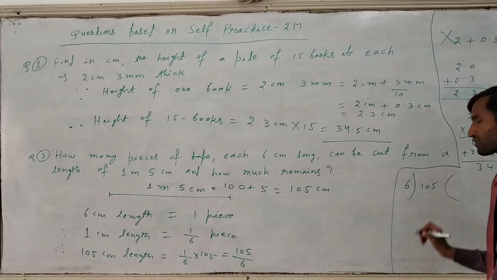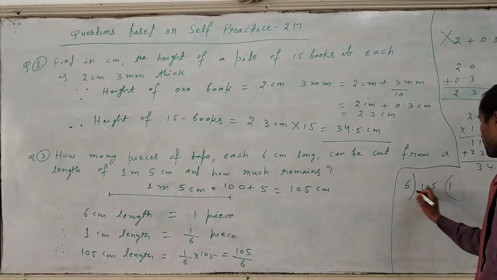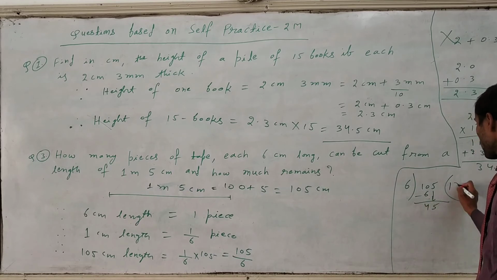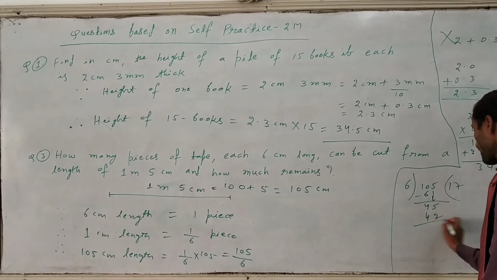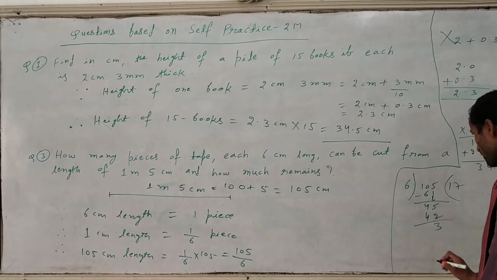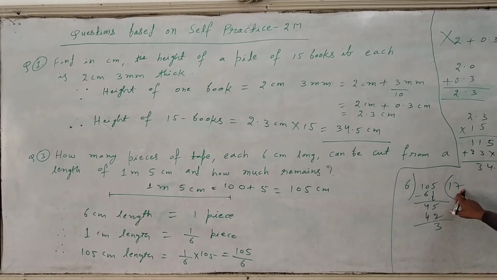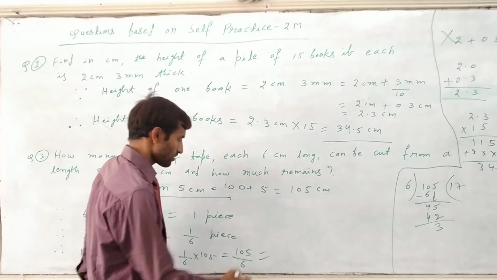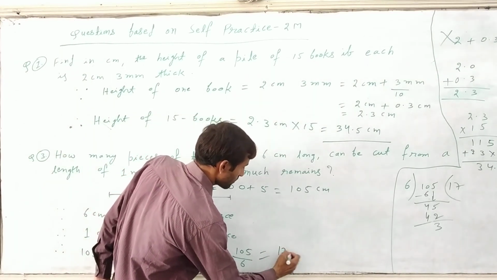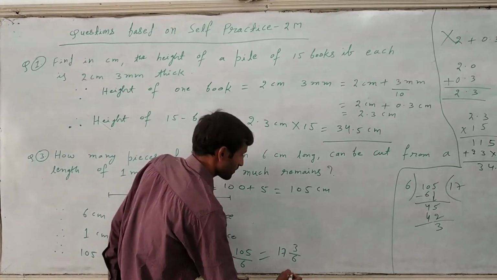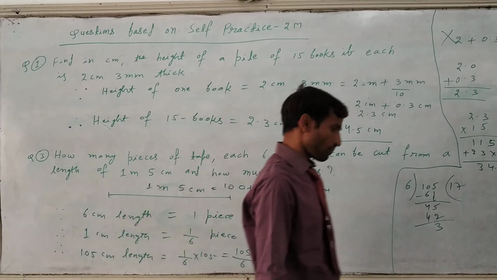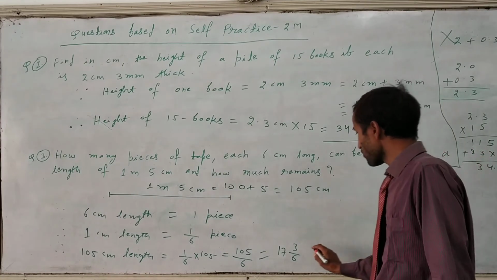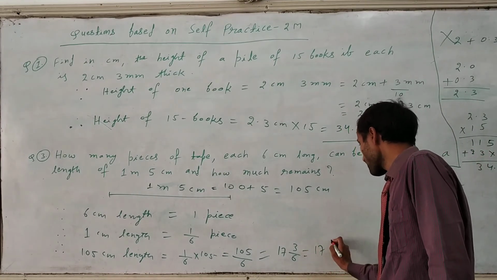So 1 times, we can divide here 1 6 is 6. The answer is 17, 3 upon 6, we can write like this. So the number of pieces is an integer only, it will not come in decimal. So for that we have to write like this, 17 pieces.